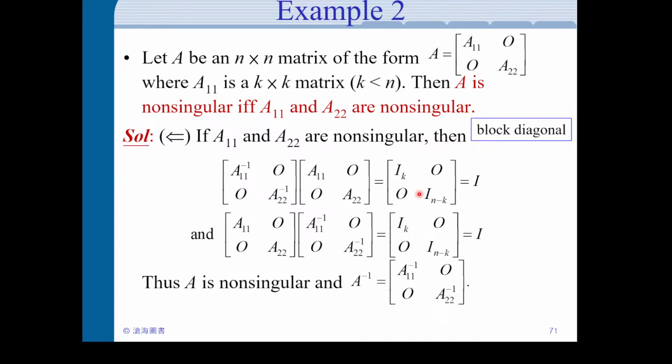Then you look at this whole matrix, you see that you have this block of identity here, block of identity here, so it's actually the whole identity matrix with dimension n. And you can also check that this is also the right inverse. So if A11 and A22 are non-singular, then you can find A minus 1 as this matrix.